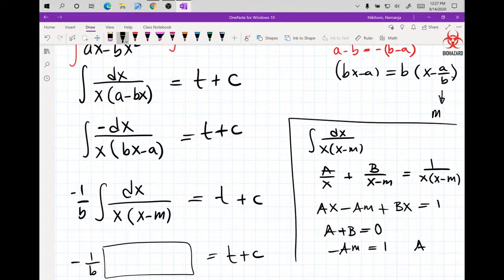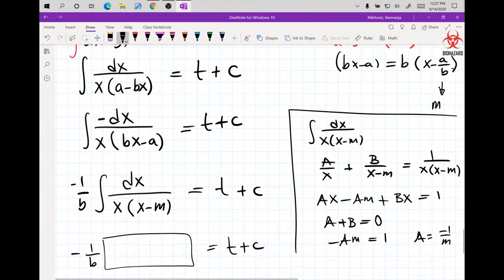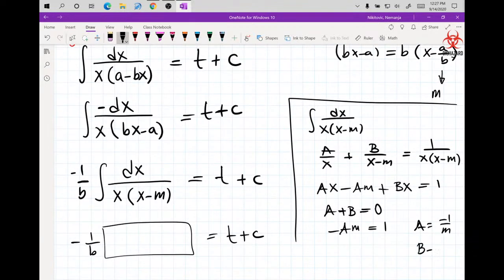So a, the variable a, is going to be negative 1 over m. And b, naturally, must be positive 1 over m, because they need to add to 0. So I have my solution here in the box, which I'm going to now replace with parentheses.